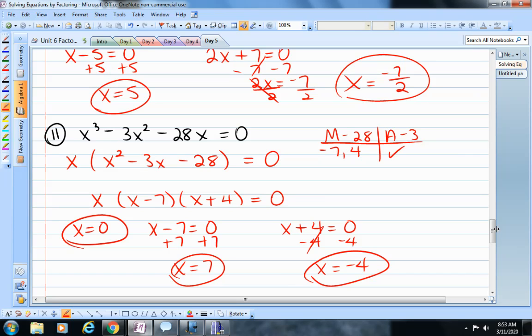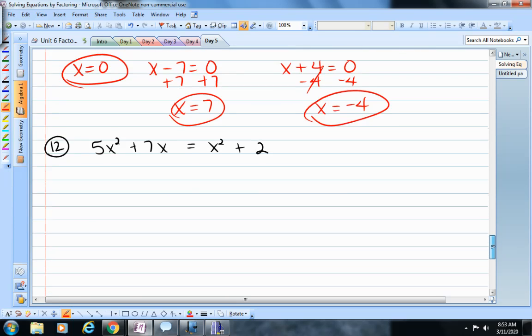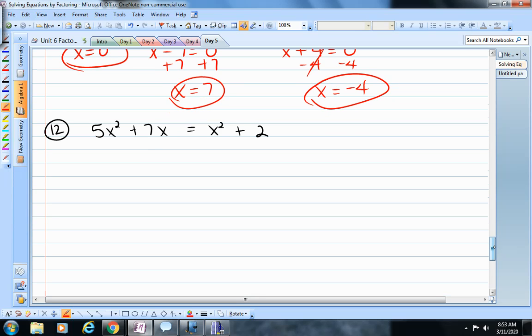That's the only exception. So for the most part, the highest exponent tells you how many solutions you should expect.